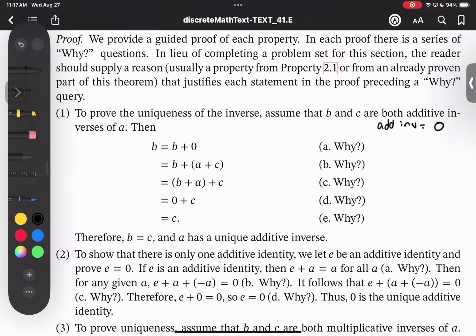So that's why we start out with, to prove the uniqueness of the inverse, assume that b and c are both additive inverses of a. That's basically saying we want to prove there's only one, so let's assume there's more than one and see where it goes. So we start with b equals b plus 0.